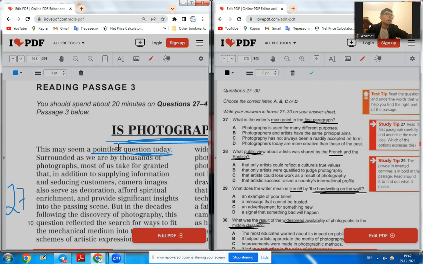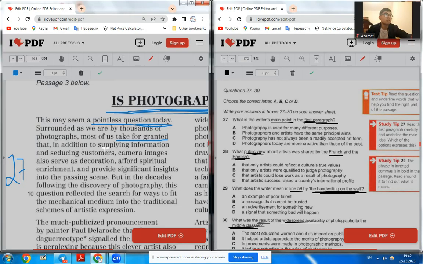Surrounded as we are by thousands of photographs, most of us take for granted that in addition to supplying information and seducing customers, camera images also serve as decoration, afford spiritual enrichment, and provide significant insights into the passing scene.